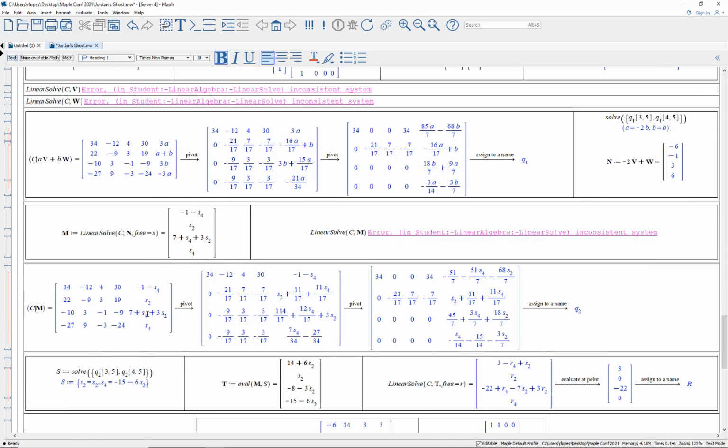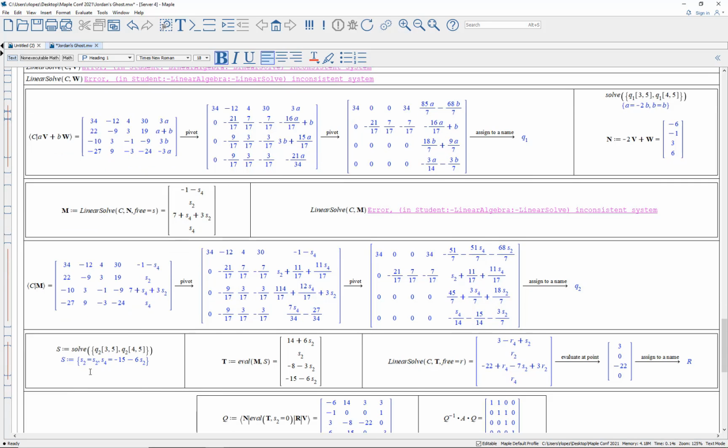So you form an augmented matrix, you pivot again. Look at all the algebra you would have to do by hand. Here are your two conditions. Turns out that S4 has to be this expression. Put that into M, get a vector T. Can you go up the ladder from T?